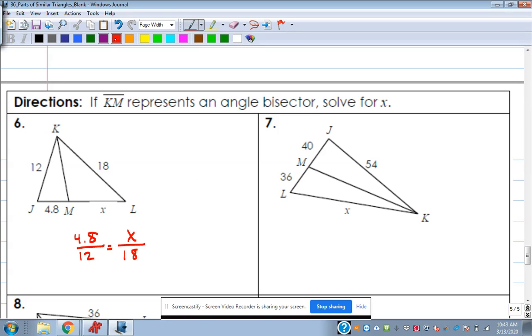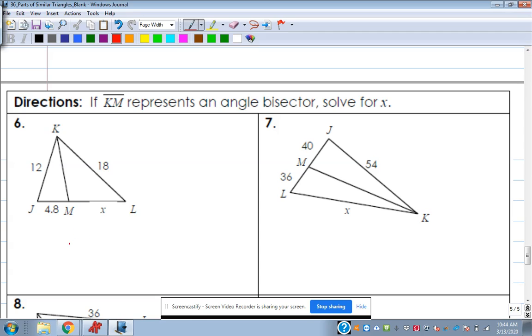Cross multiply. I don't, what's 4.8 times 18? Wait a minute. Why do we do it like that? Does it matter? That's what I was thinking. Oh, yep. I bet it's going to get the same answer though.